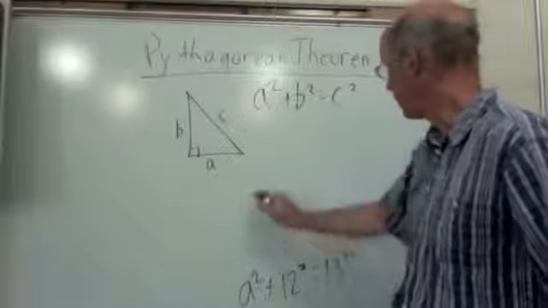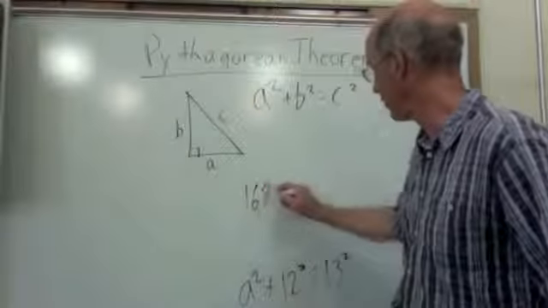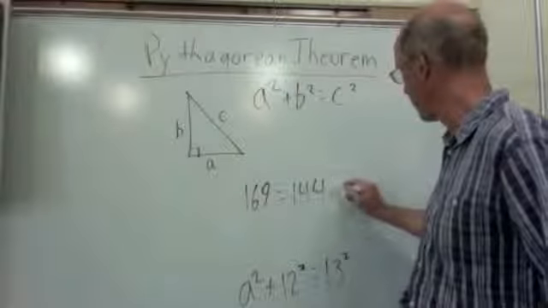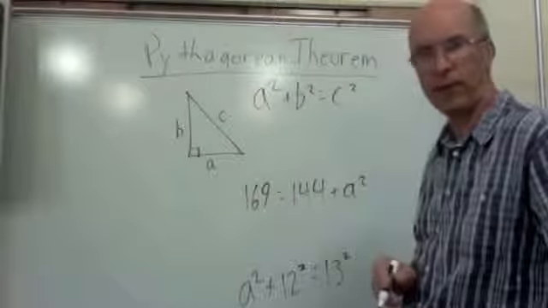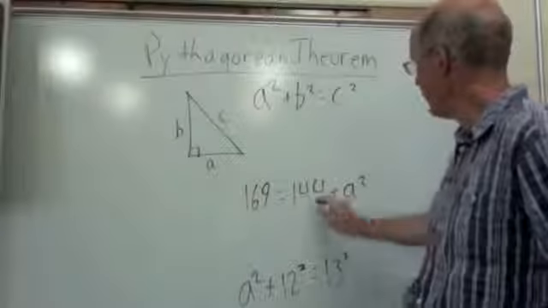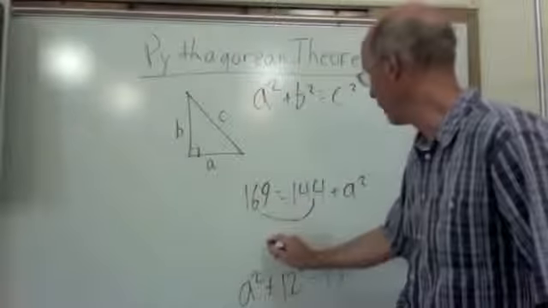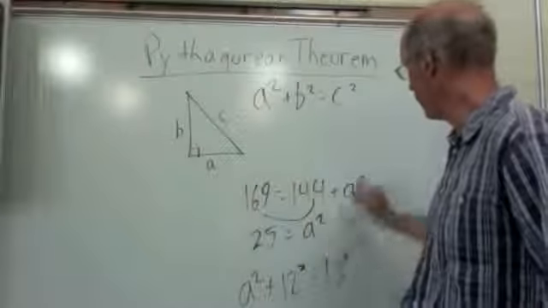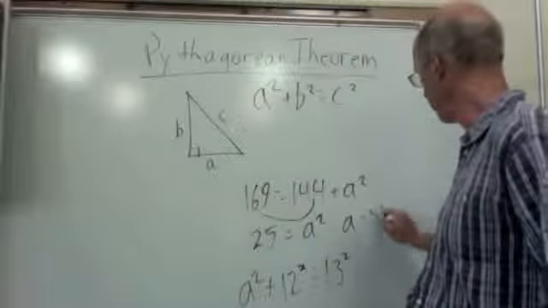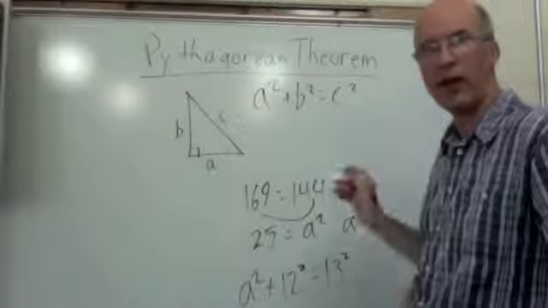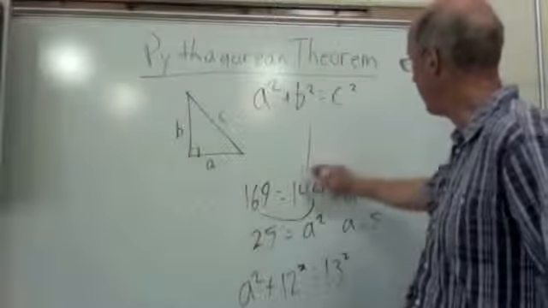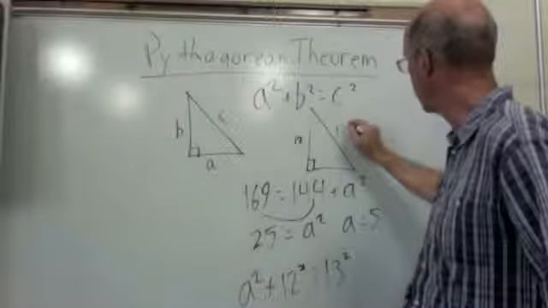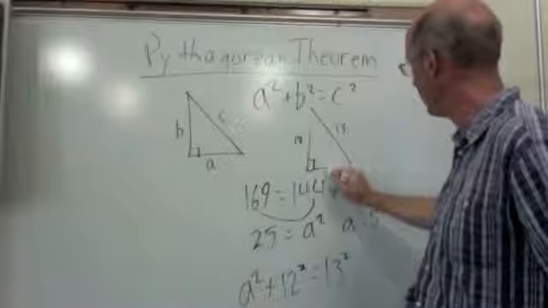So I'm going to get 13 squared, which is 169, 12 squared, which is 144, and A squared, right? Take away the 144, you're left with 25 equals A squared. So A equals 5. So then you're able to fill in that one leg. Remember, this was 12, this was 13, and so now we know that this one is 5.